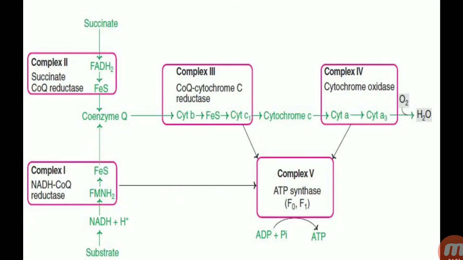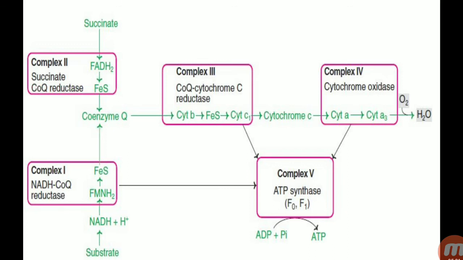Now, you can see these complexes in the video right now. Complexes 1, 2, 3, 4 are the electron carriers, whereas complex 5 is responsible for the ATP synthesis. So the electron transport takes place from complex 1 to complex 3, and from complex 4 it enters complex 5.